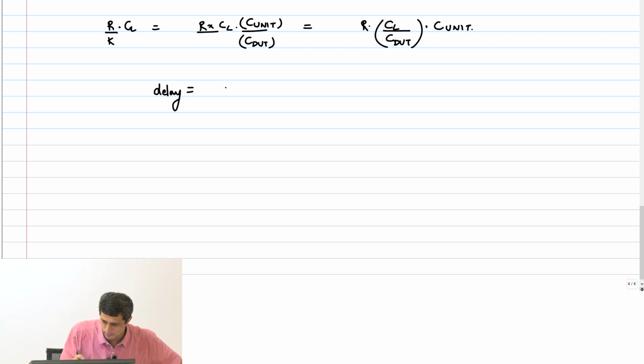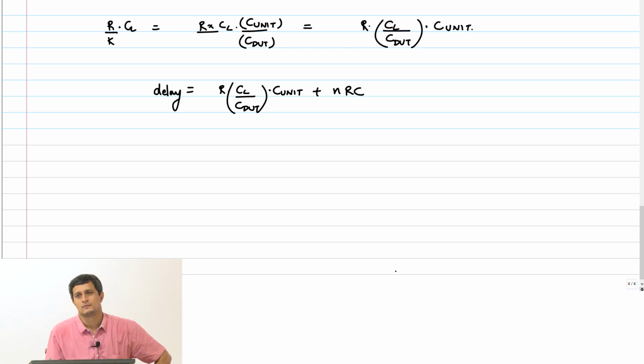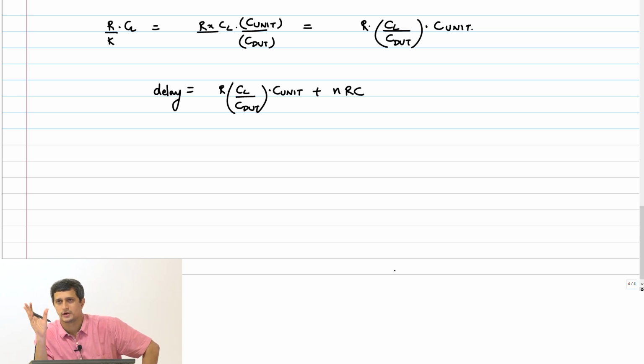The load term R into CL by C DUT into C unit plus some N times RC, where N will depend on the gate, whether it's an AND, NOR or whatever it is, okay, but some number multiplied by RC.